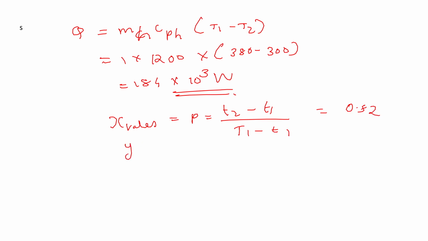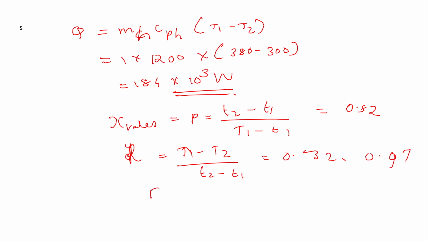Similarly, the curve value R will be (T1 minus T2) divided by (t2 minus t1). So it will be 0.432. So from the x-axis value 0.52 and the corresponding curve, the y-axis value, we get the F value as 0.97.